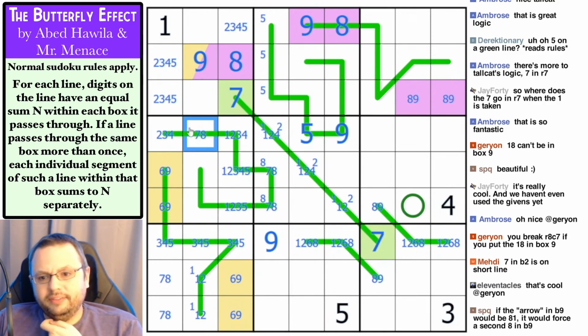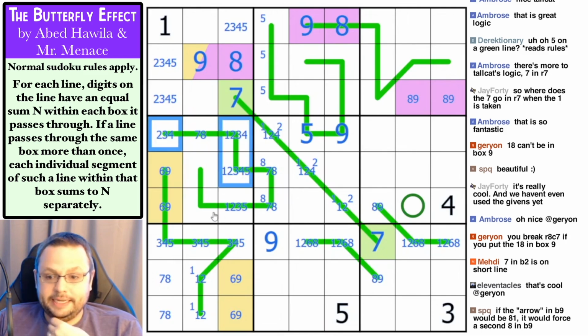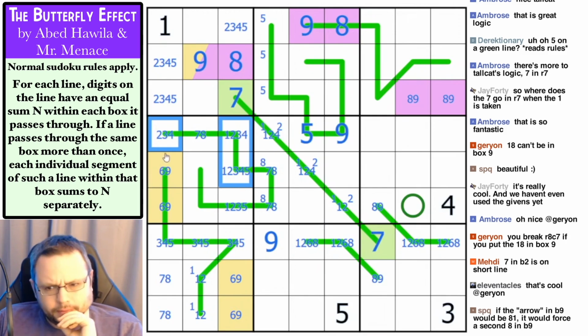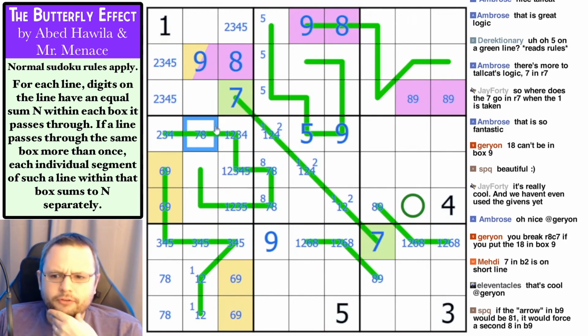And once this has to be a 7 or an 8, the rest of the digits have to sum to 7 or 8. Namely, they have to sum to the other one. I guess that feels huge, but I'm not sure that it immediately helps as much as I had hoped.